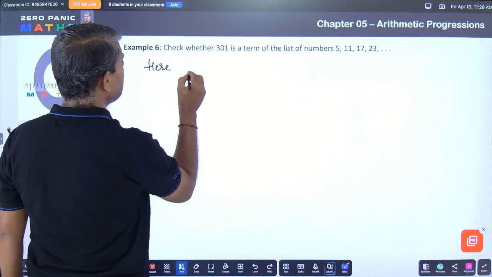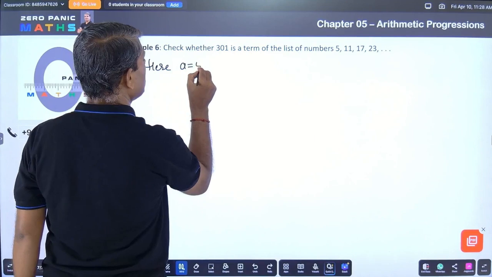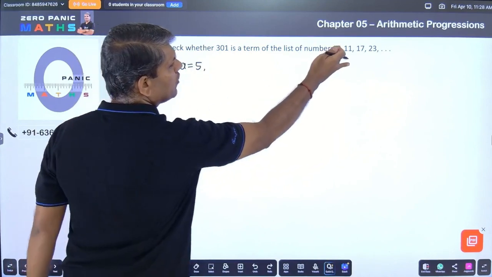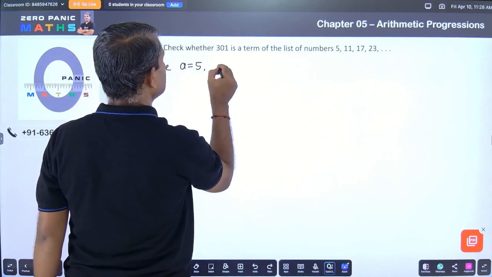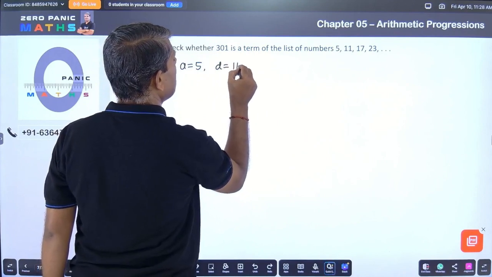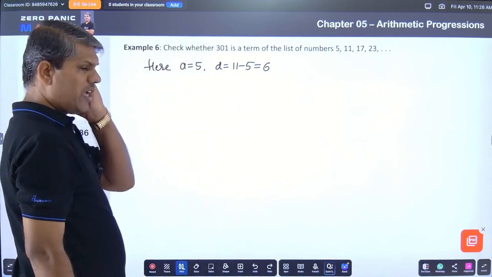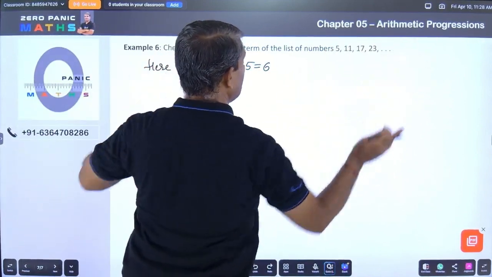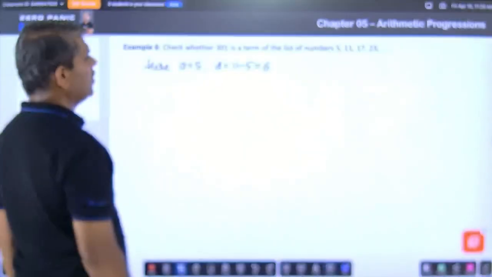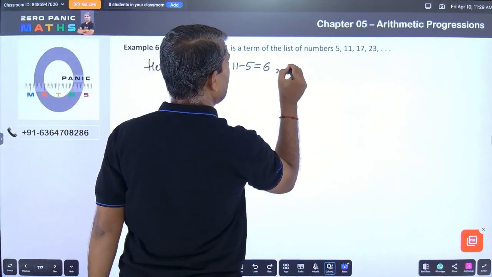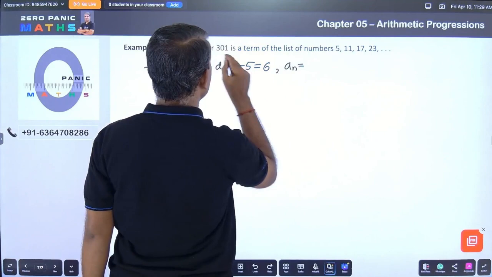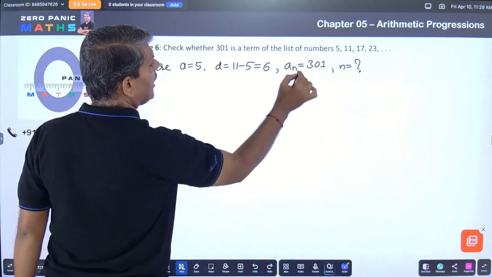Here a is equal to 5, as it is given here, and the common difference d is 11 minus 5, which is equal to 6. See, 6 is getting added to every previous number. And what is an they have given? an is 301.